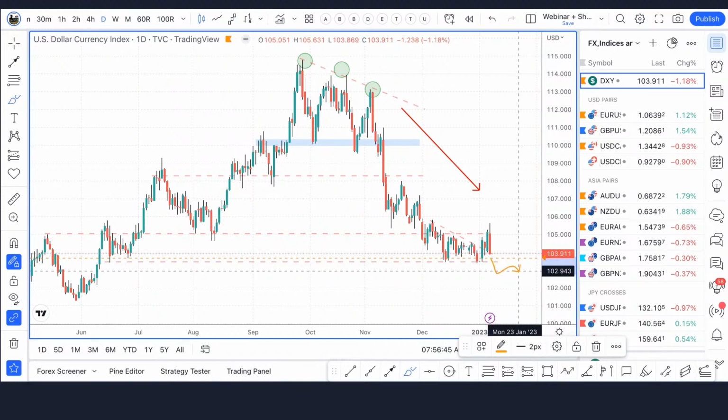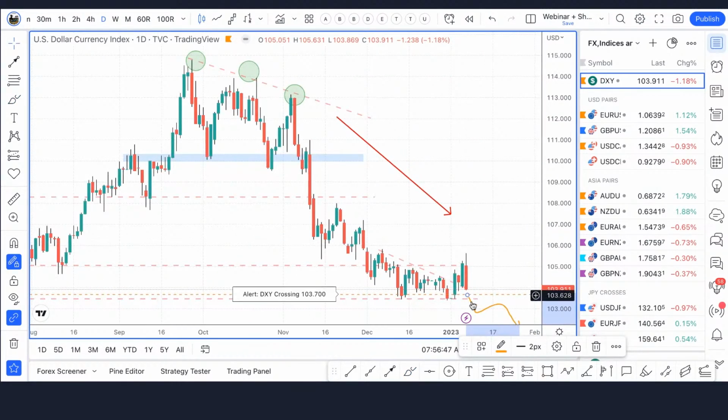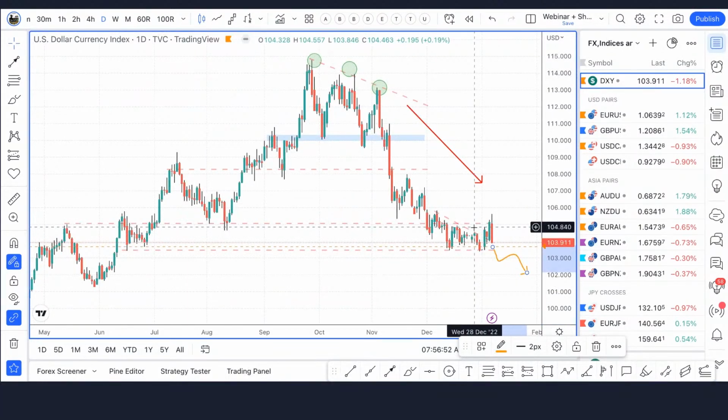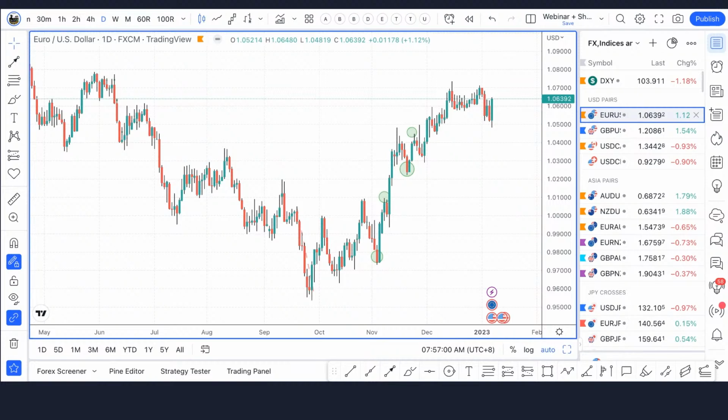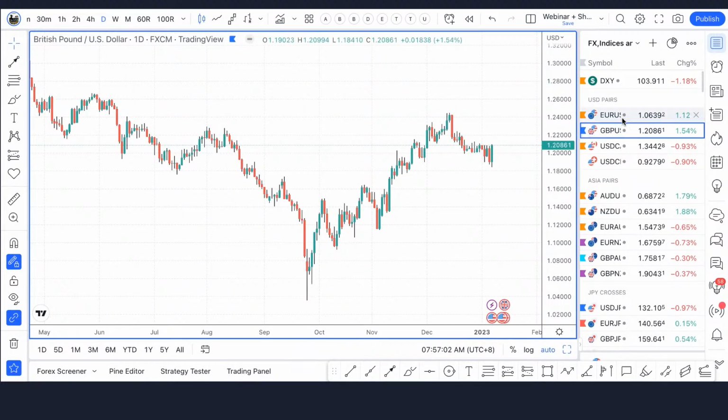And if there's a pullback on a lower time frame, that will probably be your entry to short the USD. Meaning to say that you can take a look at, maybe, euro dollar or pound dollar, for you to go long in that case.